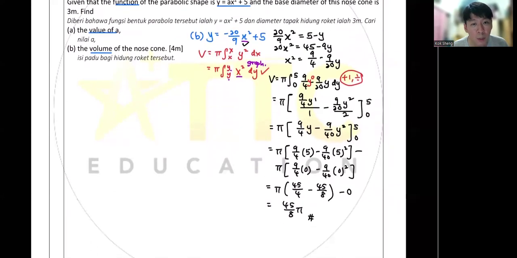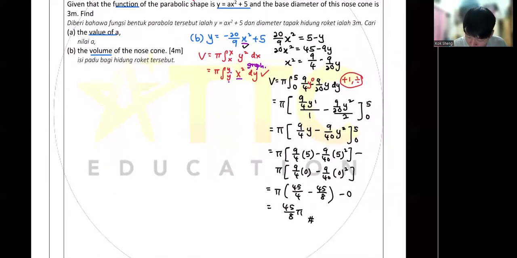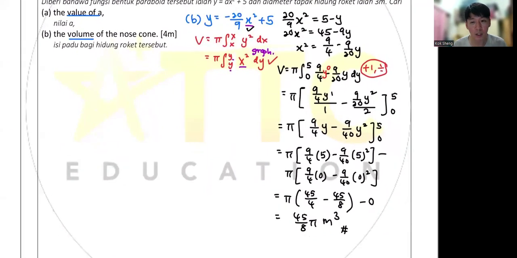Hey, they could put a unit. If you want to put a unit, can also. Meter power 3. Yeah, if you want to add on the unit. But this one I just add on for you, okay? Because we did this chapter already, but the question type, we never see this type before.